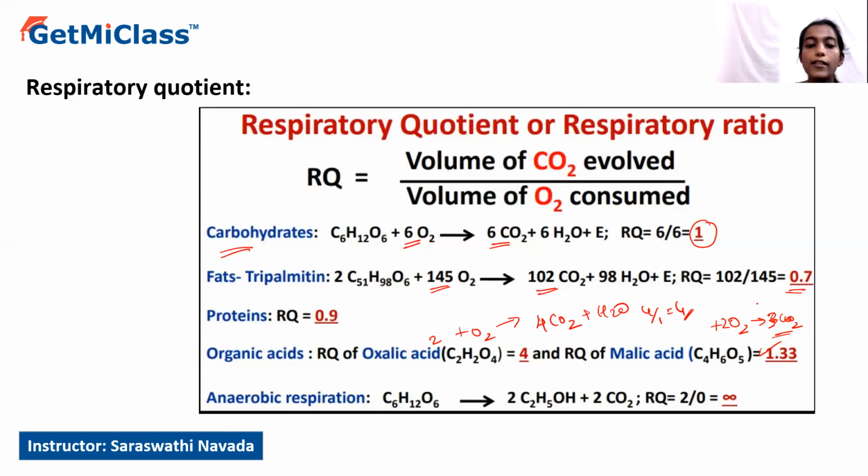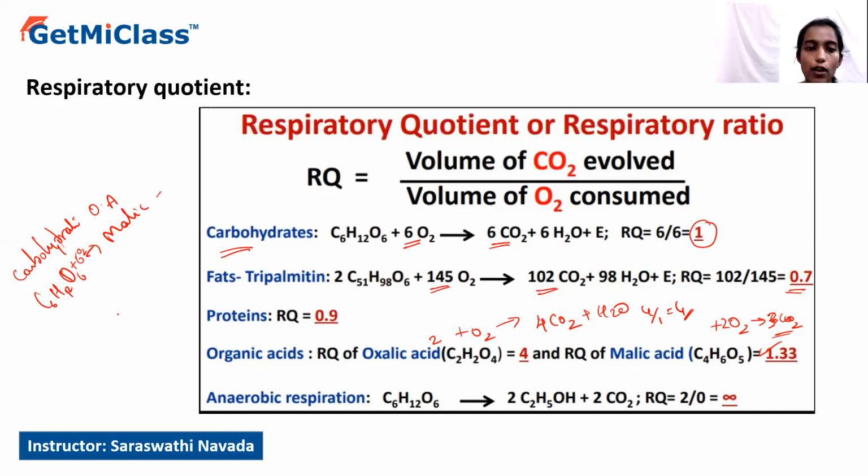Similarly, consider the respiratory quotient for the organic acids that are obtained from carbohydrates. When carbohydrates such as glucose are oxidized into malic acid, in the case of conversion of carbohydrate into organic acid, 6 molecules of oxygen will be utilized, but there will be no production of carbon dioxide.